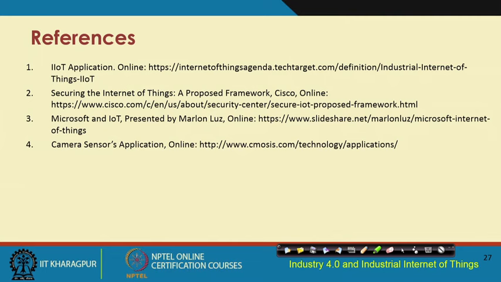In this particular lecture we have seen the use of these different types of sensors for making smart applications in industrial scenarios. We have looked at the pin configurations of 3 types of sensors: analog temperature sensor, accelerometer sensor, and third, the gas sensor.